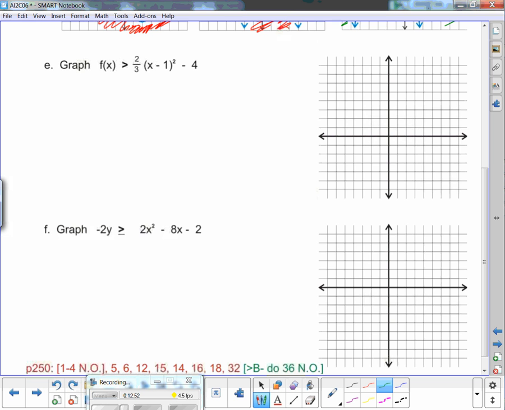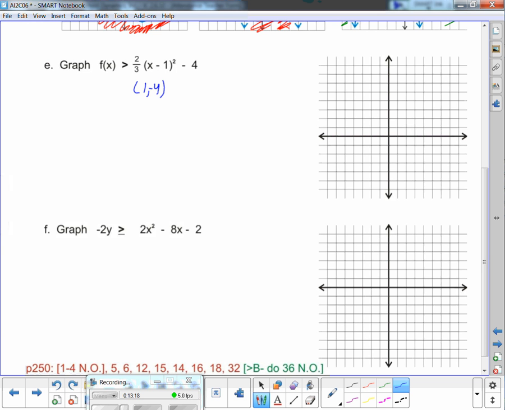So you look at E. So it's an inequality. And I'm getting ready to graph this. And what's the first thing I want to do to get ready to graph this? Say it. Okay, vertex. So where are the coordinates of the vertex? Hopefully you say 1, -4, right?